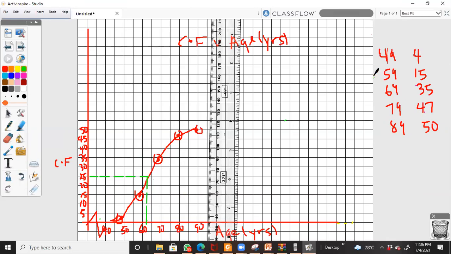Now, before I move, remember this one is for the upper class limit here, and this one is the cumulative frequency. Is that okay? So remember that I'm using the upper class limit and the cumulative frequency to draw the graph. So I get 61. Anybody tried it to tell me if they're on the right track? Okay, somebody is getting 64.